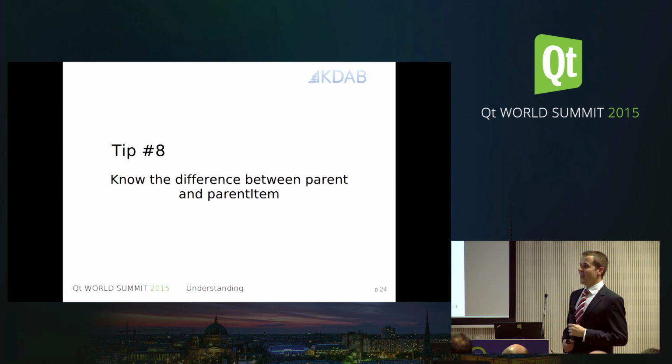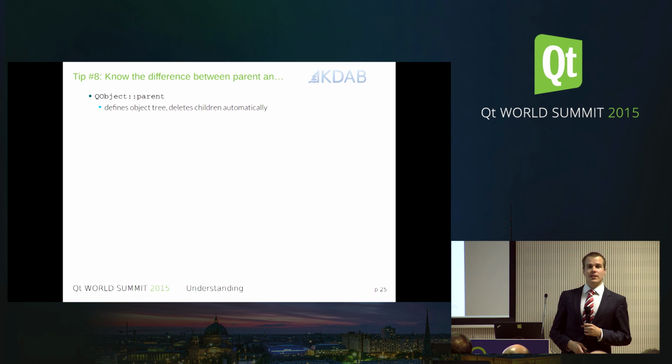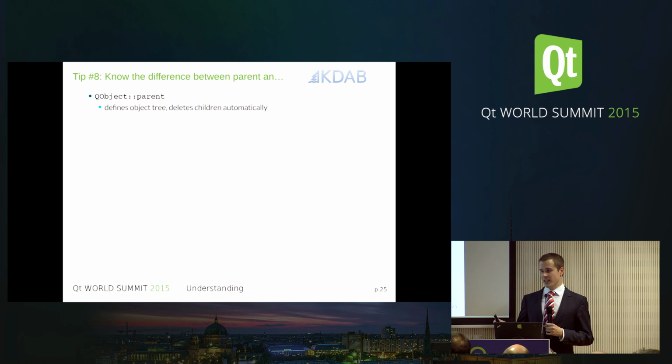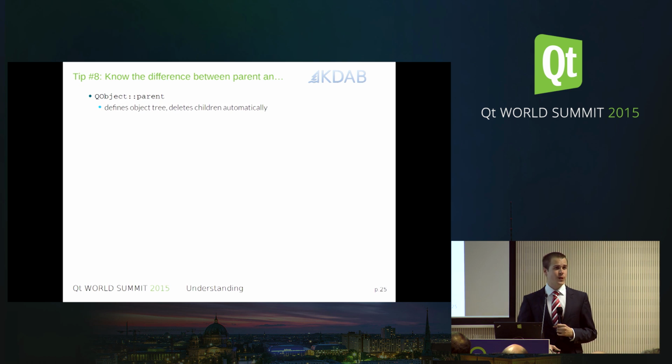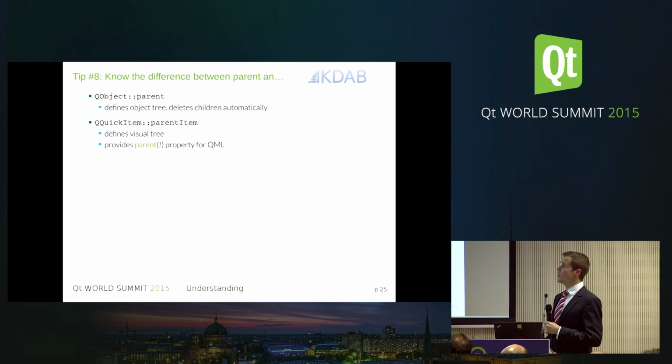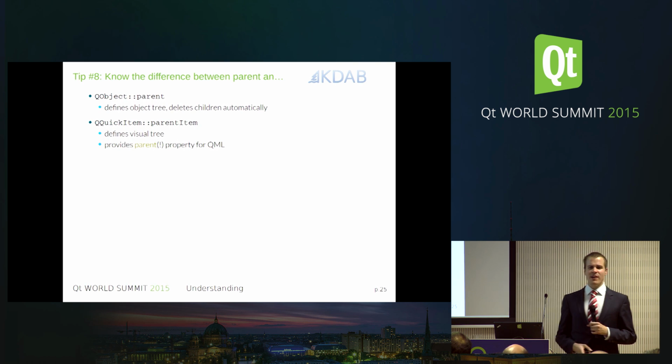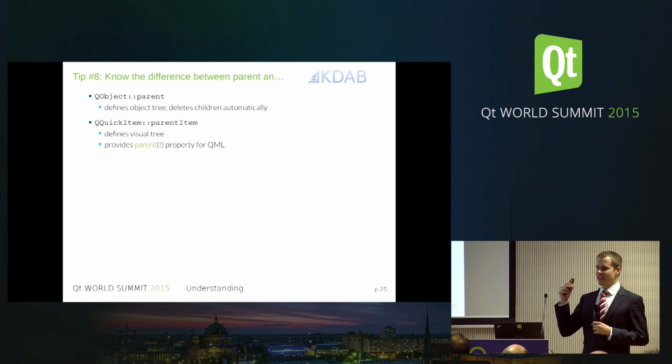Then there is a nice or not so nice thing in QML. You know, QObject has an object hierarchy. Each QObject has a parent, and a QObject can have multiple children, which is fine. The parent deletes their children. It's all good. Unfortunately, in the QML world, things are not that easy, because there's also a parent item. And the parent item defines the visual hierarchy.